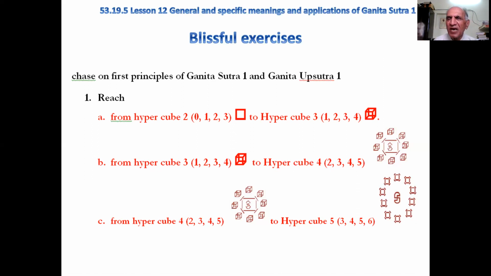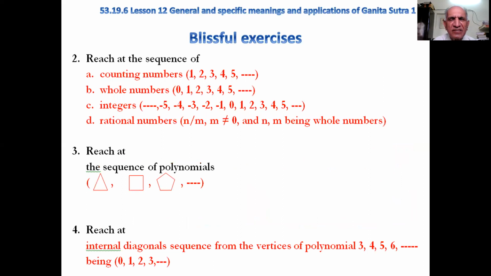under this common rule. The second category of exercises being enlisted are that on first principles, one shall reach at the sequence of counting numbers on first principles by applying the common rule of Ganita Sutra 1 with its repeated application permissibility under rule of Ganita Upsutra 1. A step ahead, one shall reach at whole numbers.